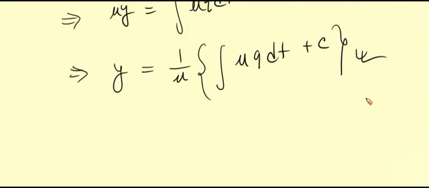So the way to go would be just putting the limits over this integration. So let's say I want to have a solution bounded like this. Let's say t0 to tf, that is, it starts from t0 and ends at tf, that is t final.